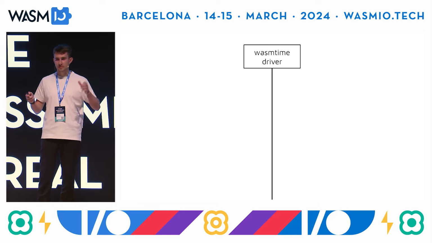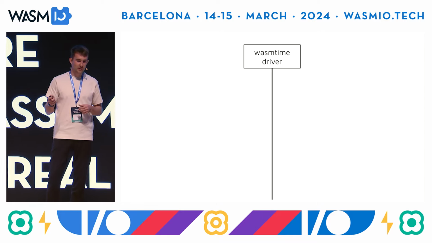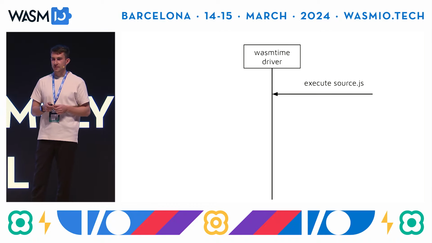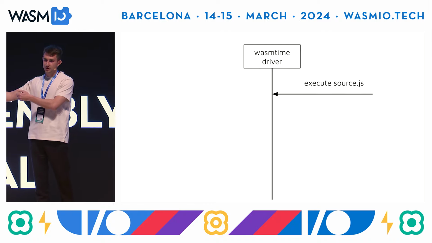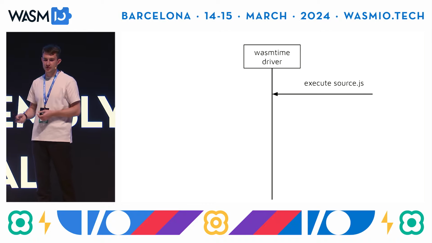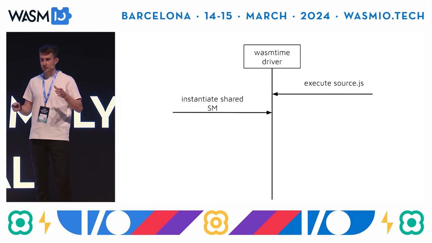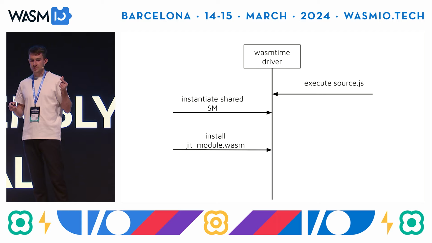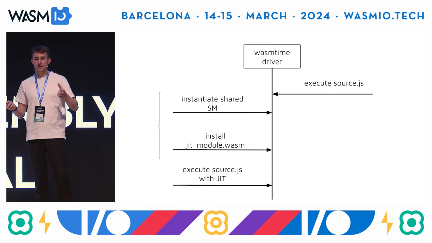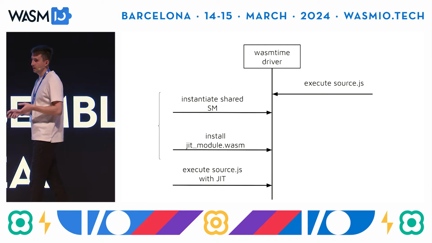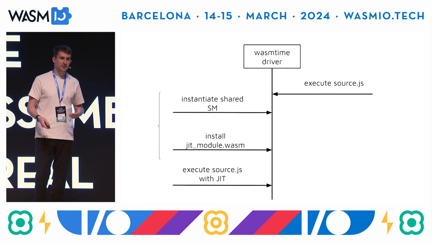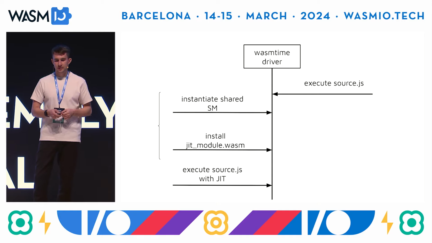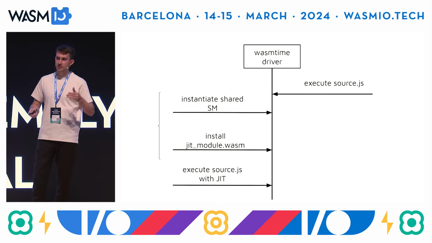So then, for example, in a cloud environment, you want to execute your source JavaScript for a client, and you already AOT compiled this JIT module for this particular client with source.js, and then you can instantiate a shared version of SpiderMonkey, install this very small module, and it's a phase called the setup phase, and then you can execute source.js with JIT. And this setup phase is very fast because we are using Wizer and incorporate all of the JIT runtime into SpiderMonkey already ahead of time.